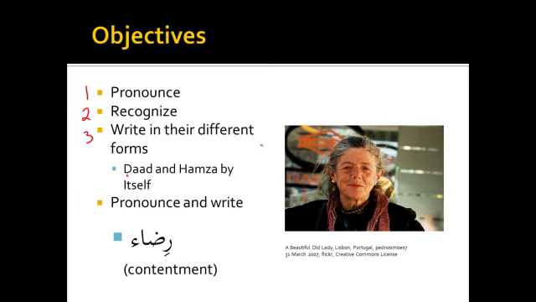We're going to write the Daad in its 4 different forms. And fourth, we're going to pronounce and write both the Daad and the Hamza in a word. And the word that we have for this lesson is Rida. Rida means contentment.